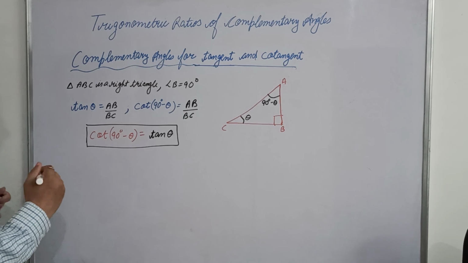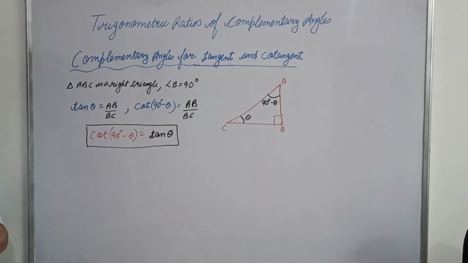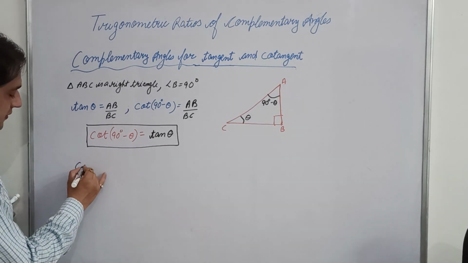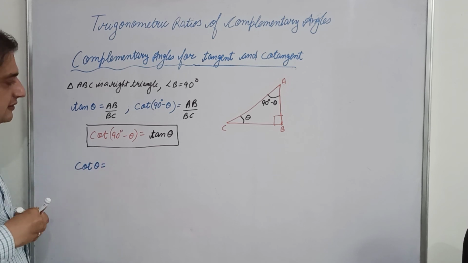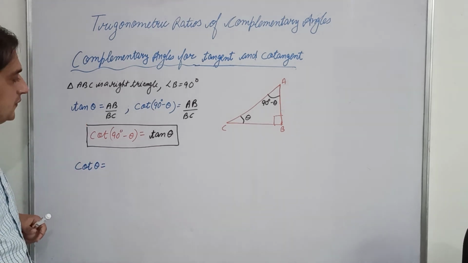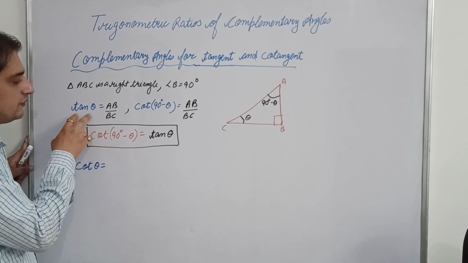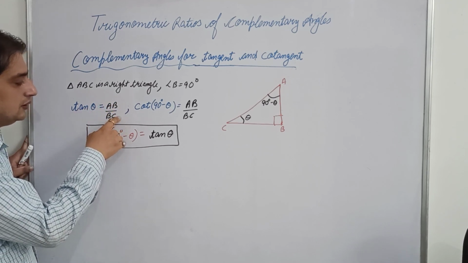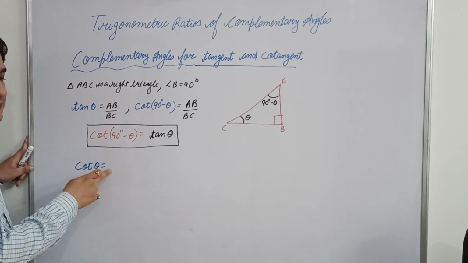Similarly, now you can find the value of cotangent of an angle, angle theta. Cotangent theta, you know, is the reciprocal of tangent. The reciprocal of tangent of the angle, which is AB by BC, perpendicular upon base, is base by perpendicular.